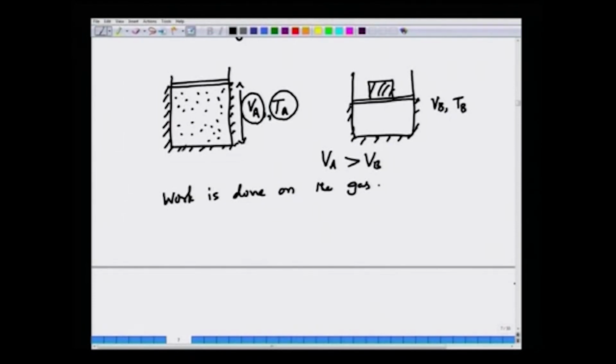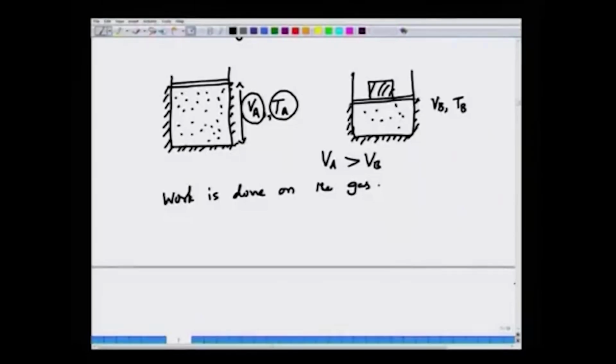What has happened to the work that you have done? Well, since you have completely insulated the system, this work that has been supplied to the system clearly has not gone to increase the potential energy of the system, nor has it increased the macroscopic kinetic energy of motion of the fluid molecules, because initially the fluid is at rest and finally also the fluid is clearly at rest.